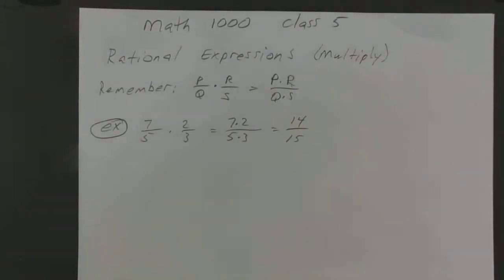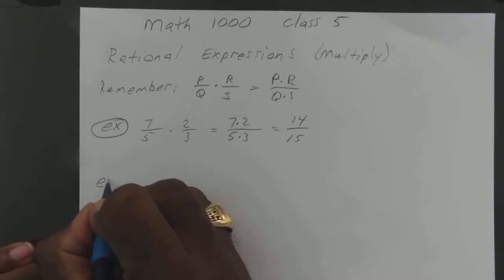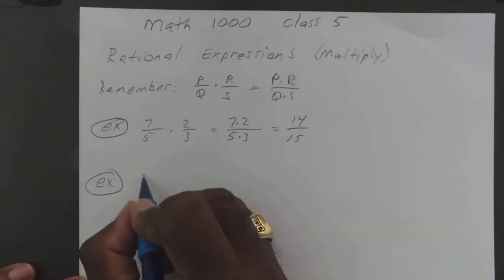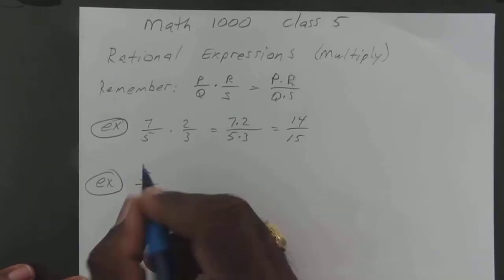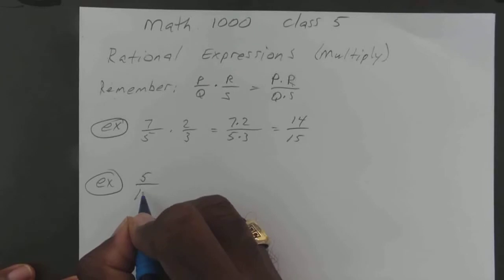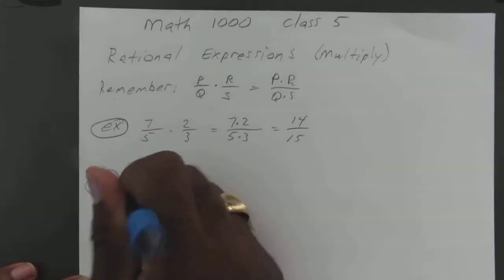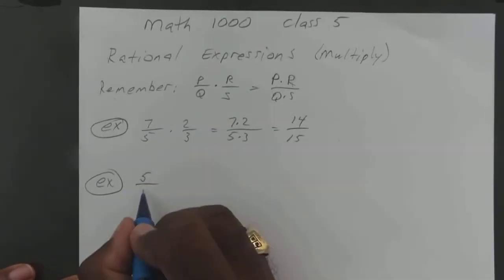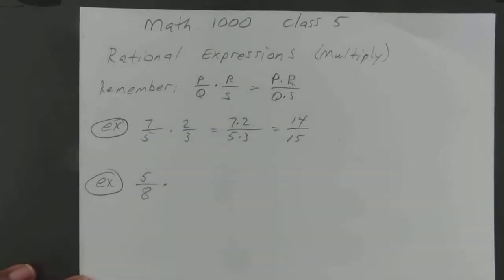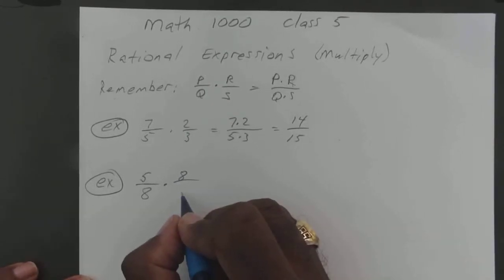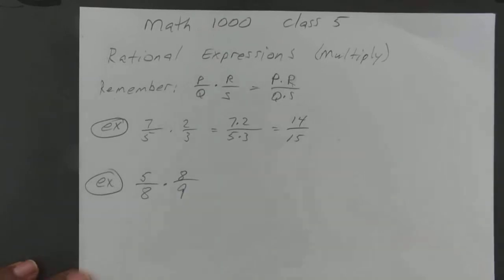Okay. But you also had times where you could simplify it a little bit. So let's say, for example, 5 over 8 times 8 over 9.